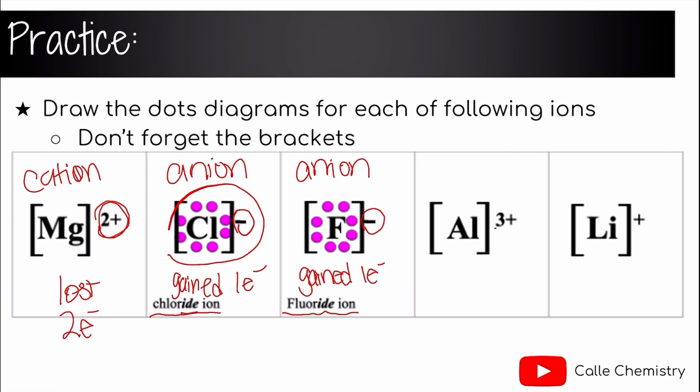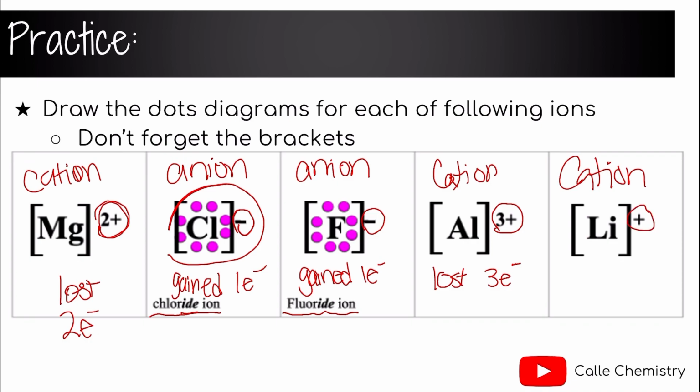And here we have aluminum that has a positive 3 charge, which means that it lost 3 electrons. And it is a cation because there's a positive charge. Same thing for lithium, it's a cation. And the positive one is telling me that it lost 1 electron.